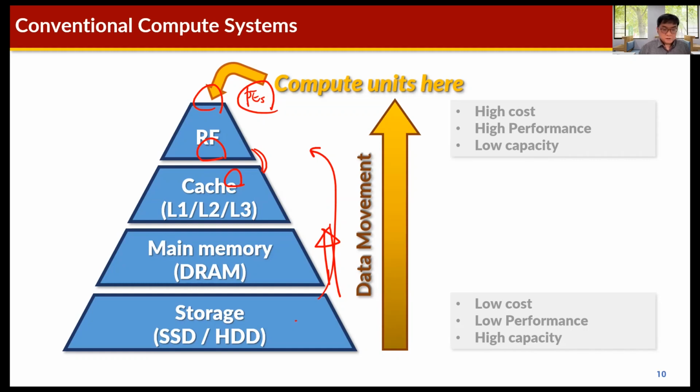That means the miss rate, for example in the cache memories, is very high for big data applications, which means these cache memories or main memories are not efficiently used by big data applications. This is another feature of big data applications. Also, as the data size is very large, the data movement cost is also very high.